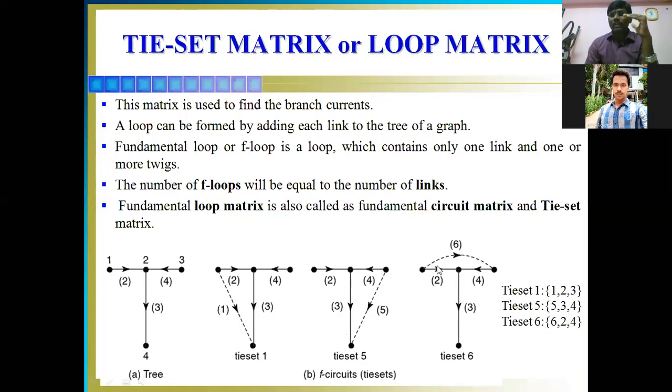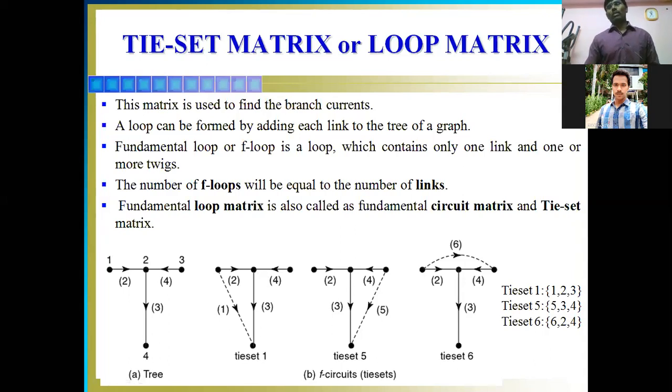So if you add each link, it forms one fundamental loop, and the number of fundamental loops is equal to the number of links. Here the fundamental loop matrix is also called the fundamental circuit matrix and tie-set matrix.